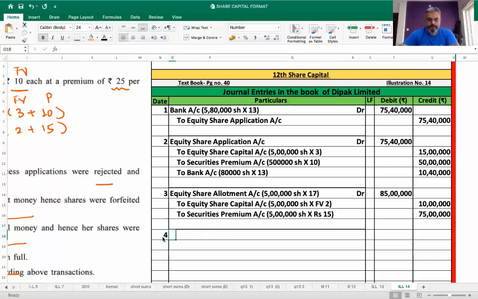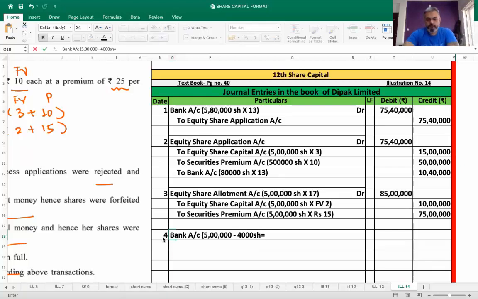Now fourth, important, bank account. Now out of 5 lakh shares, we did not receive money for 4,000 shares held by Anu.